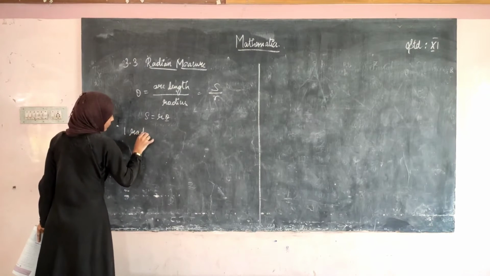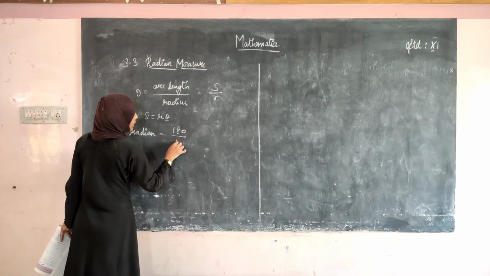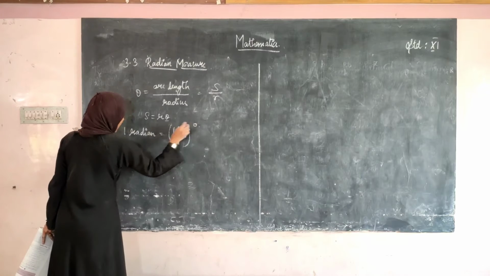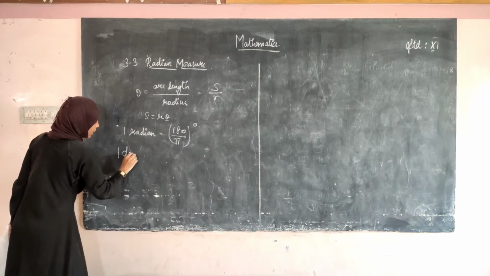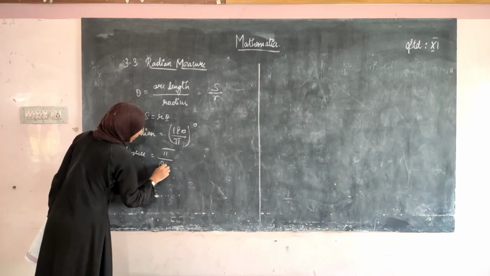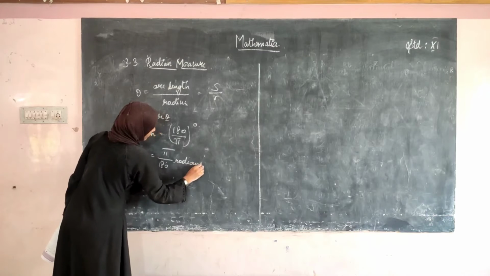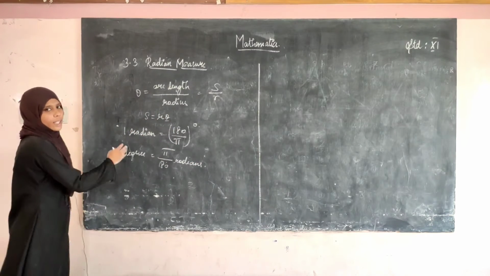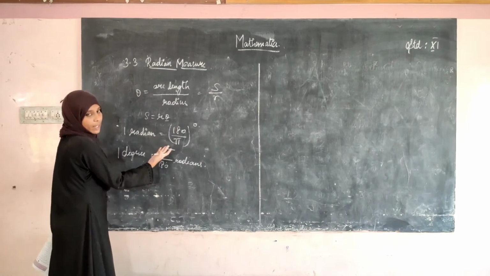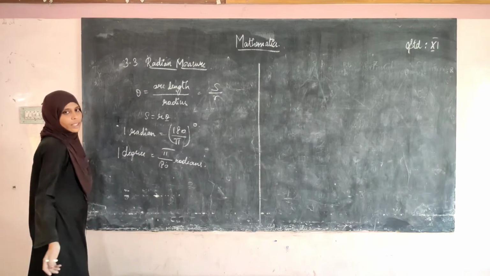Okay, so the relationship between degree and radian is, see here, 1 radian is equal to 180 divided by pi degrees, and 1 degree is equal to pi by 180 radians.